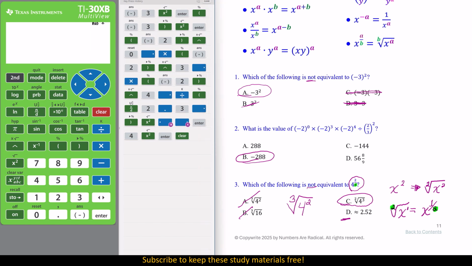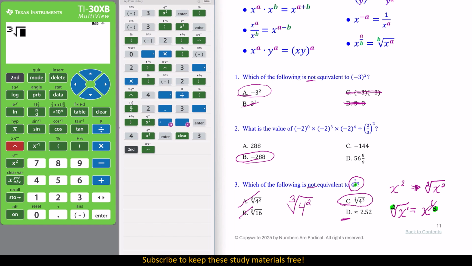Clear everything out here so you can see what I'm up to. When you're cubing, or doing anything but just a square root, like a cube root or a 4th root, you have to push the value of the root first, then second, and the caret up button, because above that you have your unknown root.